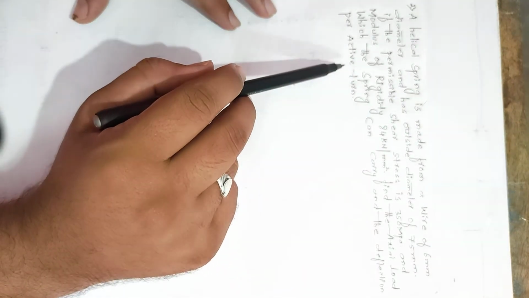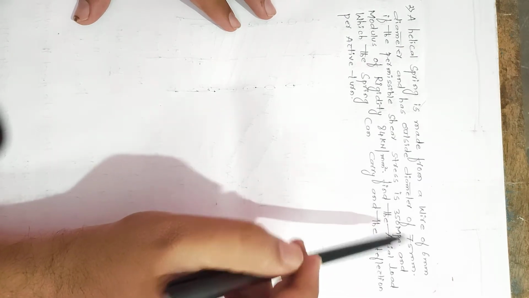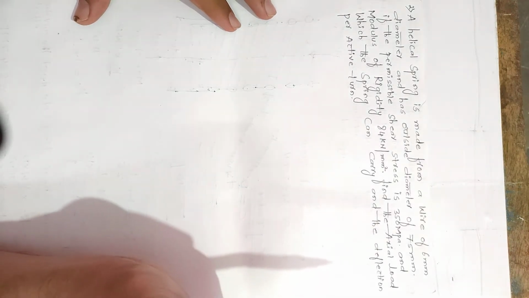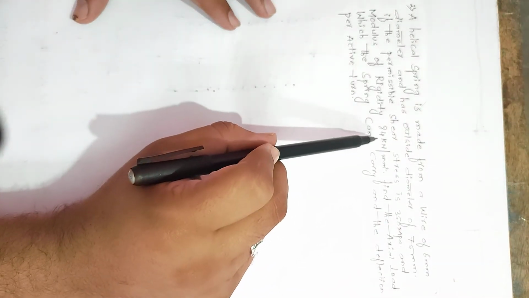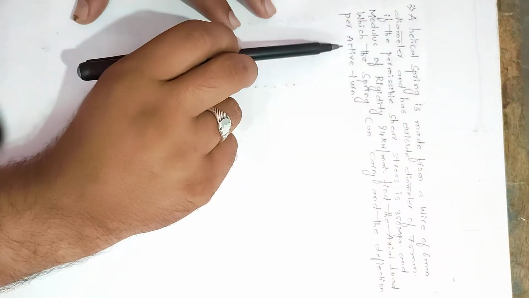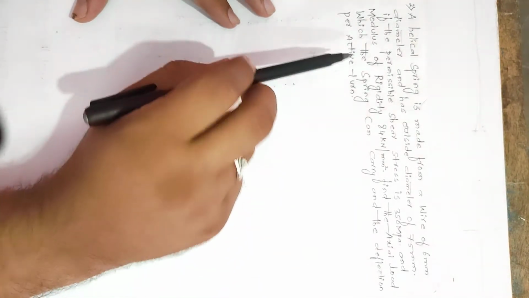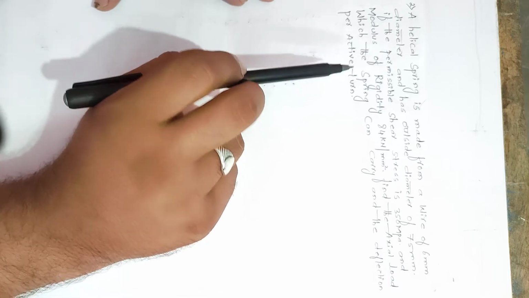If the permissible shear stress is 350 megapascal and the modulus of rigidity is 84 kilo Newton per square mm, find the axial load which the spring can carry and the deflection per active turn in this problem.